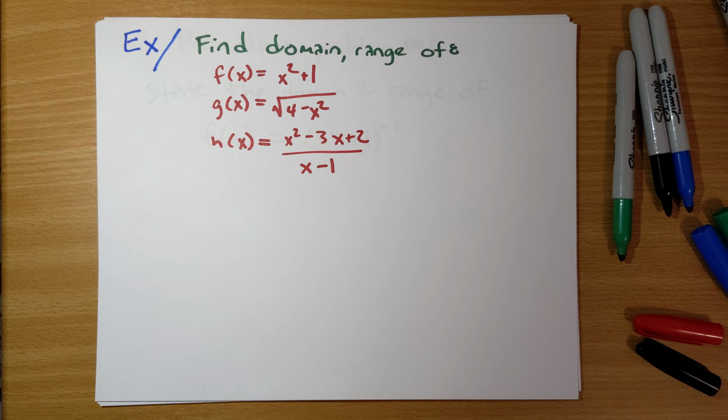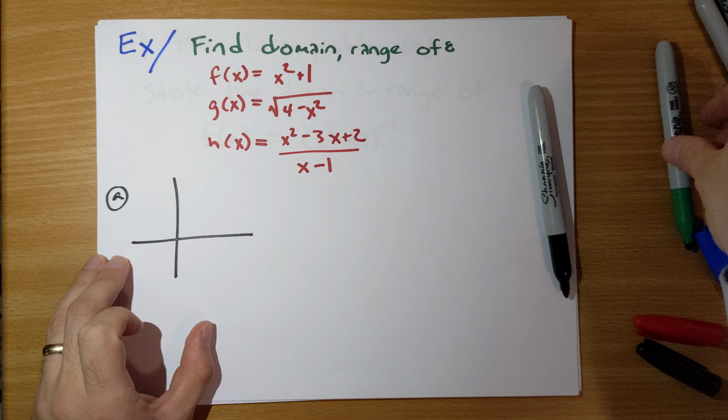Let's also hit up the domain and range. So the exercise here is to find the domain and range of f of x, g of x, and h of x, given here. Let's just do them in order. F of x is x squared plus 1. I'm going to draw a picture of x squared plus 1.